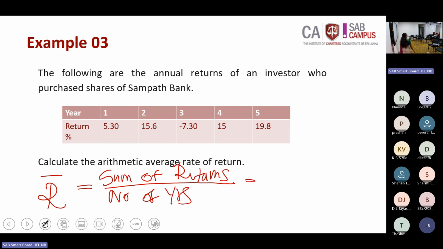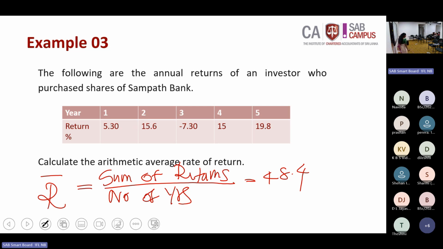Sum of returns, 48 point. Did you consider the minus as well? You need to consider the minus as it is. Otherwise, don't take it as a plus and add it. That's wrong. If you are doing it like that, that's wrong. Take the total of this 5-year return.